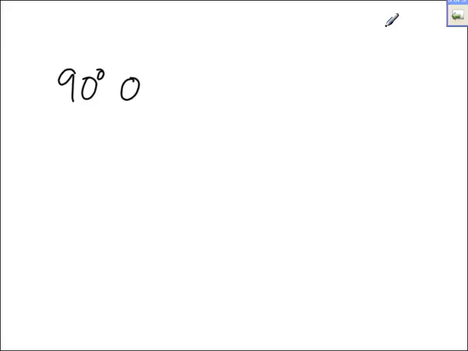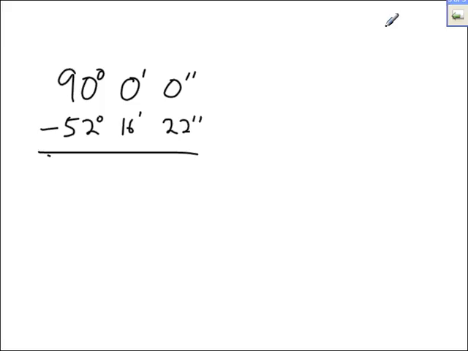You need to know that 90 degrees is 90 degrees, 0 minutes, 0 seconds. And you want to take away 52 degrees, 16 minutes, and 22 seconds. Well, you can't take away 0 seconds. You can't compute 0 seconds minus 22 seconds. You have to borrow.